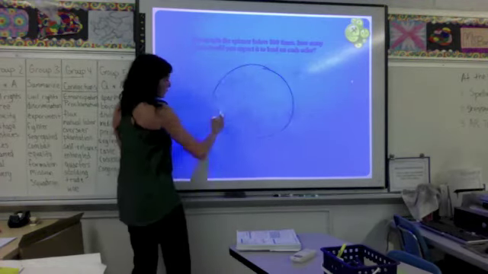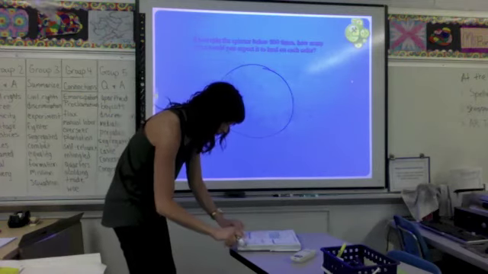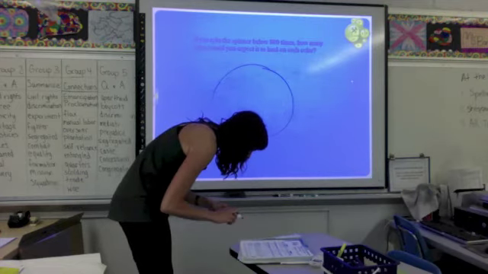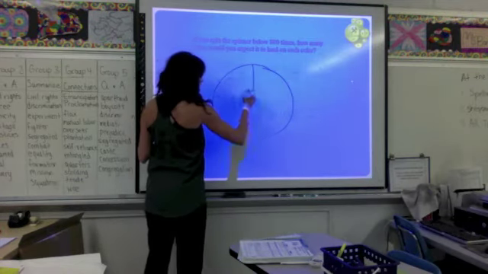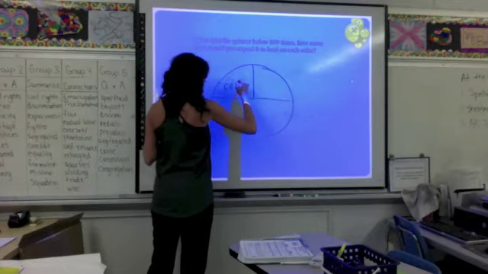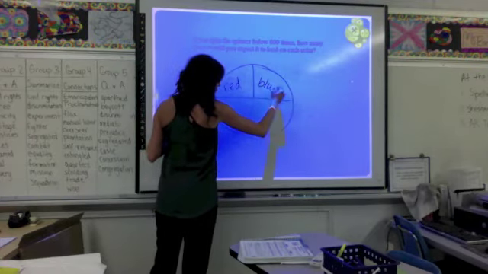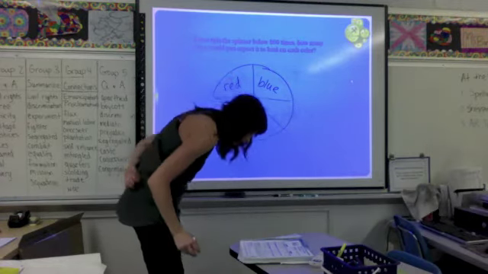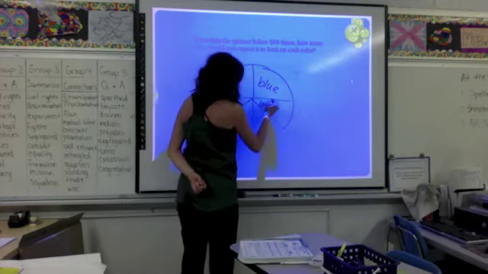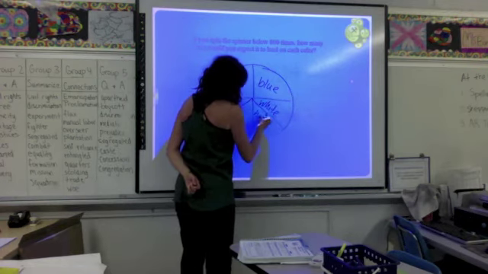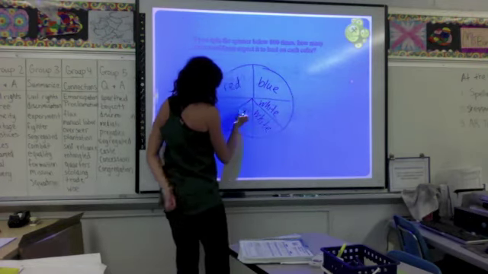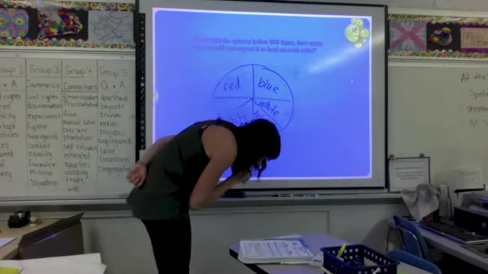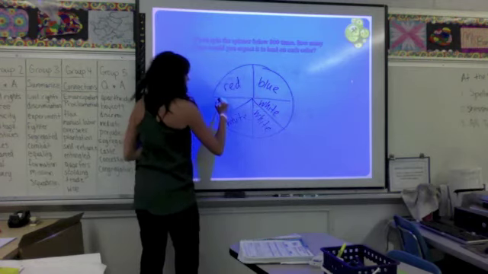Here we have our spinner, and let's divide that spinner, let's see, red, blue, we'll do white, and let's see, black.